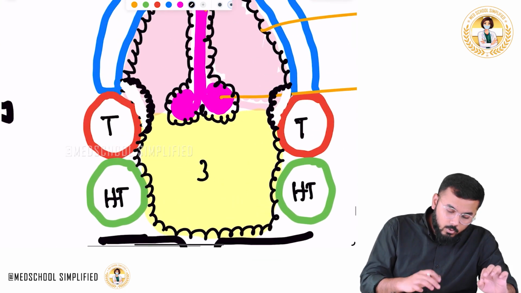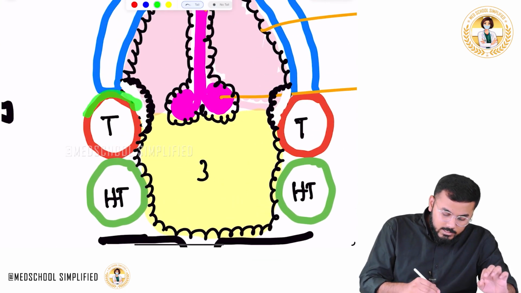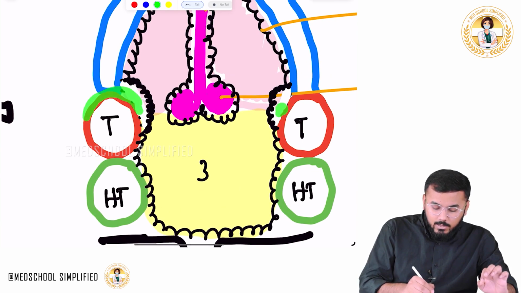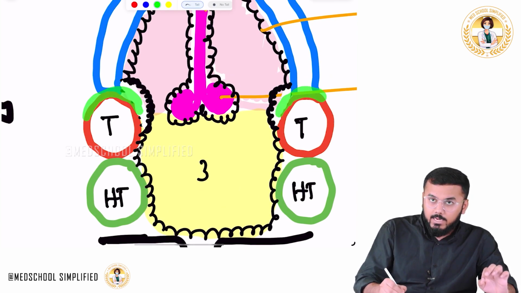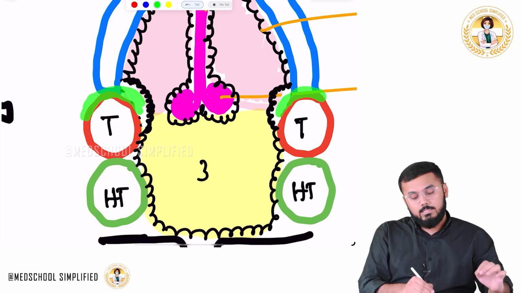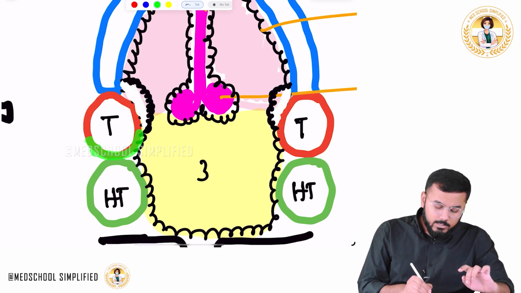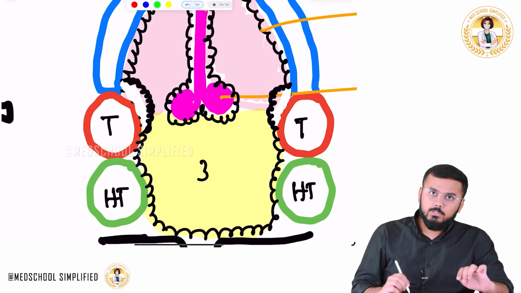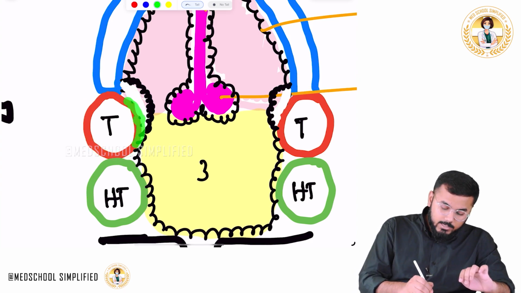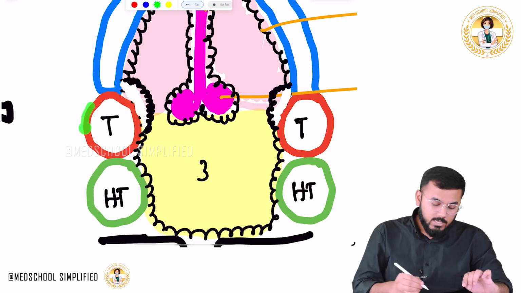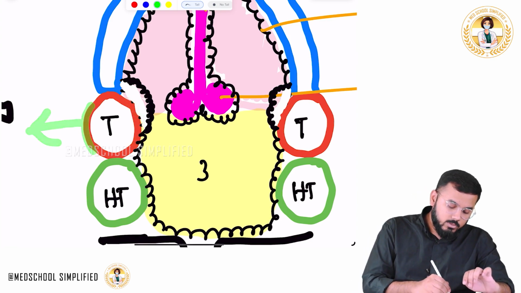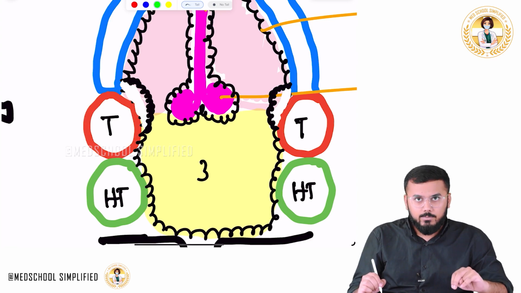This part, which I am highlighting with the green, is called the superior surface of the thalamus. Yes or no? This part is called the inferior surface of the thalamus. Next, this part is called the medial surface of the thalamus, and this part which is projected outside is called the lateral surface of the thalamus, right?